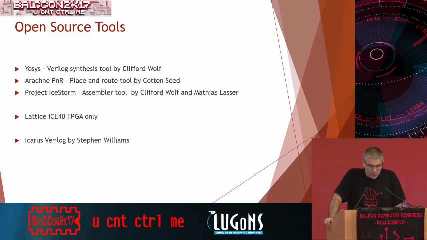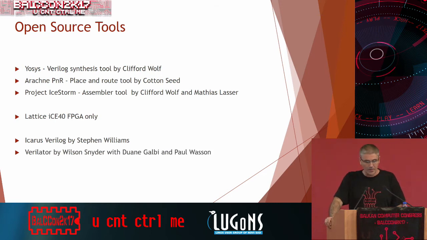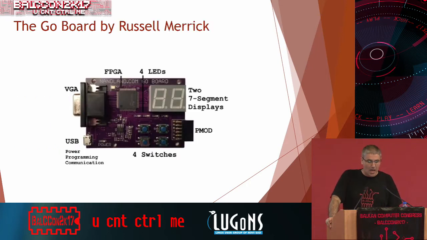And we will use Icarus Verilog by Stephen Williams, and that's for the simulation. And Verilator, which we will use to be able to create C++ tests. So it's easier for us to do the testing of our design.